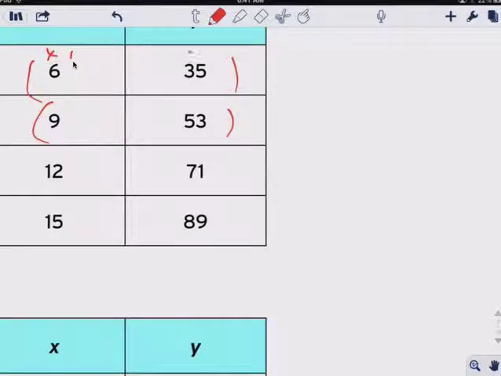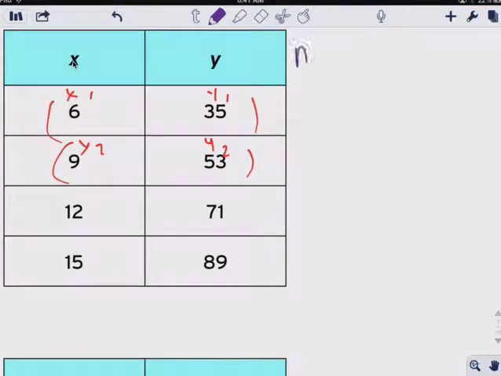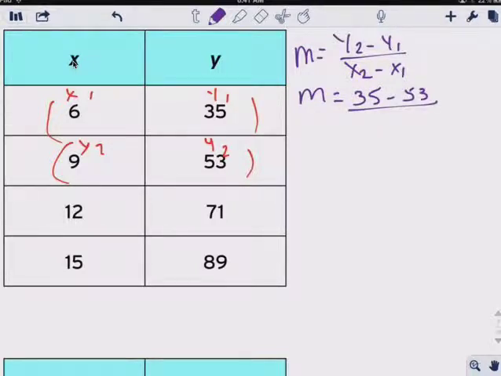So x1, y1, x2, y2, okay? m equals y2 minus y1 over x2 minus x1. m equals 35 minus 53 over x2, 9 minus 6. m equals, that gives me 28, no, 18. 18 plus 35 is 53, negative, because the bigger number is negative, over 3, so m is negative 6.